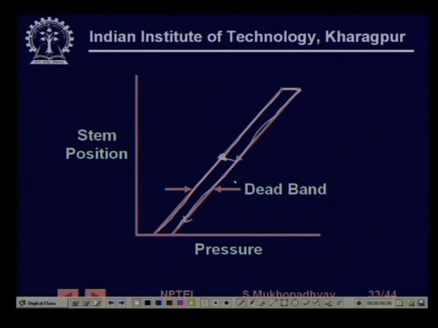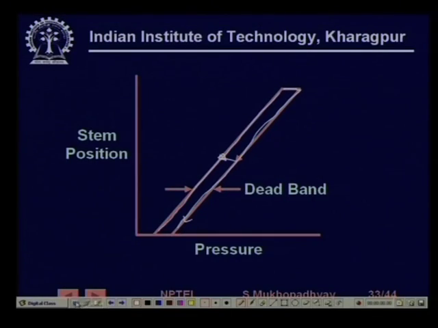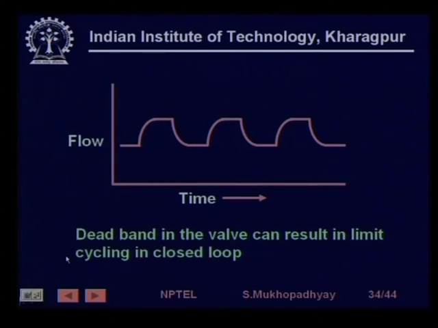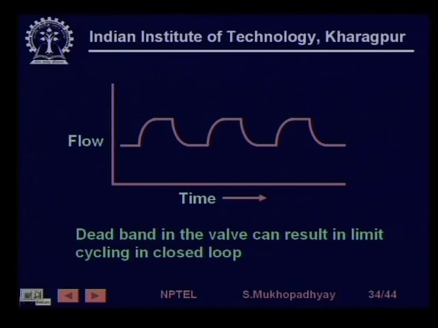Now, such dead bands, as we know from standard nonlinear control systems, often give rise to oscillations. So in these process control loops, flow loops, if you give an alternating command, then the process control loop may oscillate. These are called limit cycles in the closed loop.